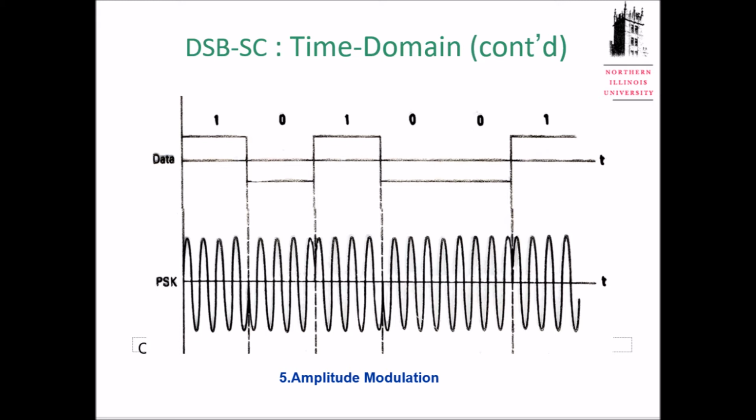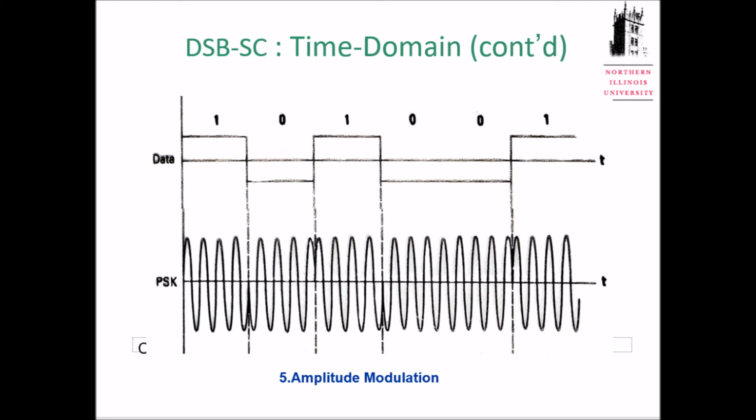Same technique, a little different for my input. This time my input signal is a digital signal. I have 1, 0, 0, 1. If we use double sideband suppressed carrier, we get phase shift keying. For bit 1, the initial phase starts from here.